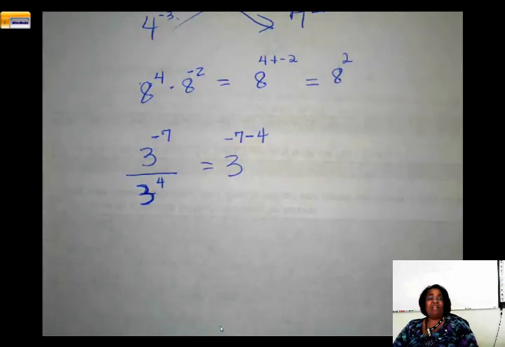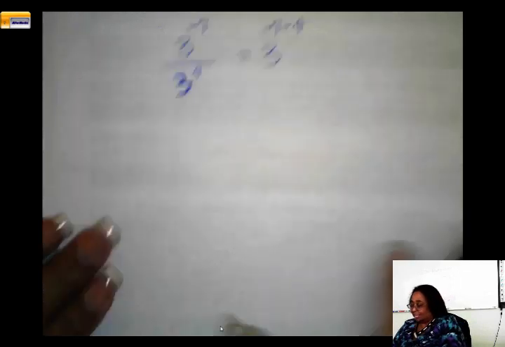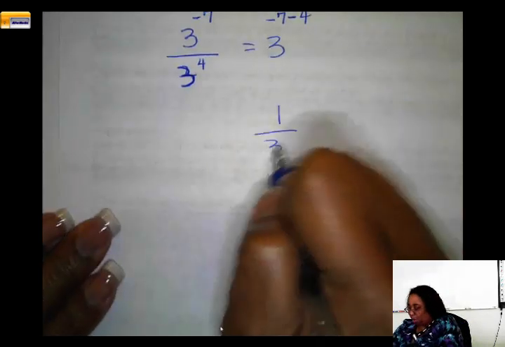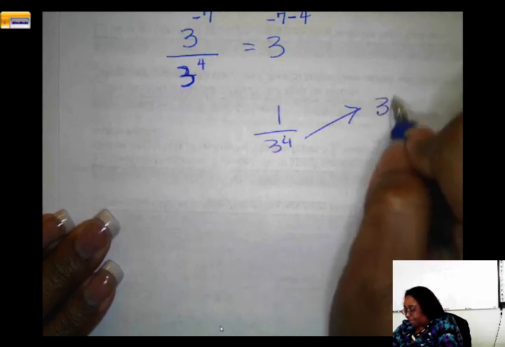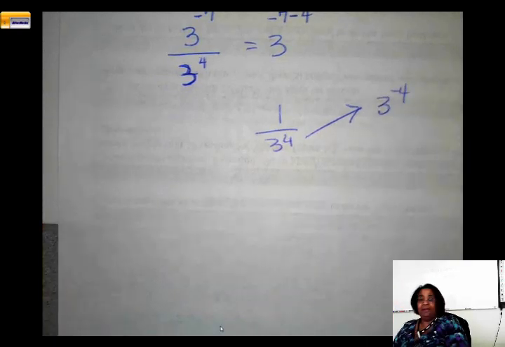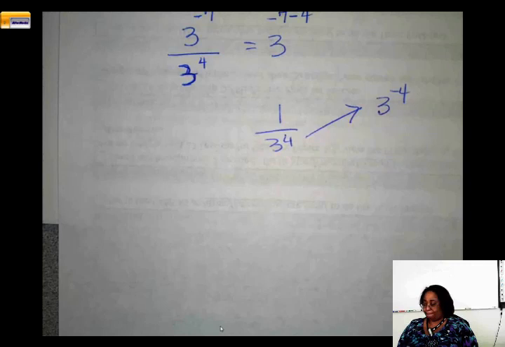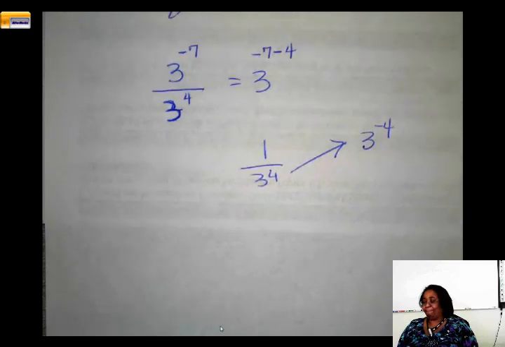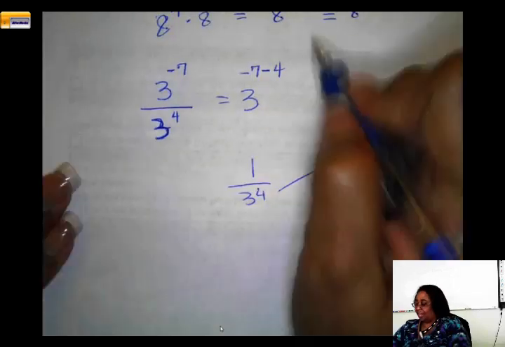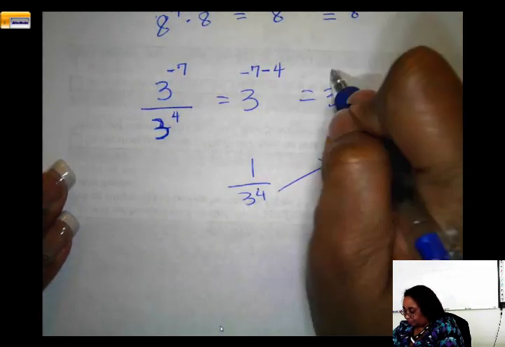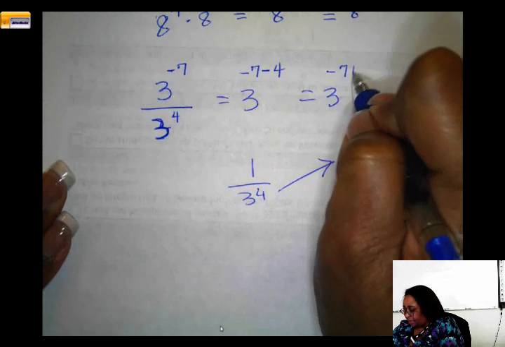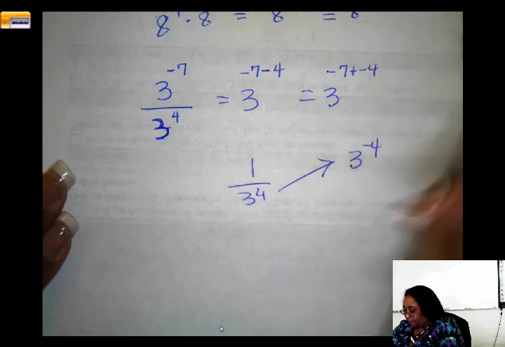Now, why did I write subtract 4? Isn't 1 over 3 to the 4th the same as the inverse of 3 to the negative 4? Aren't those the same? Yeah. So I can rewrite this. I could say, oh, this is the same as 3 to the negative 7 plus a negative 4.